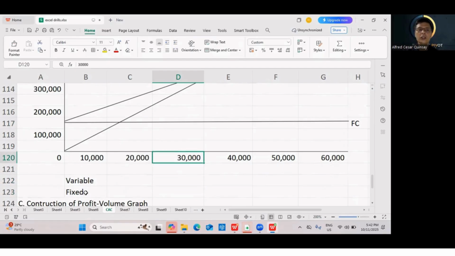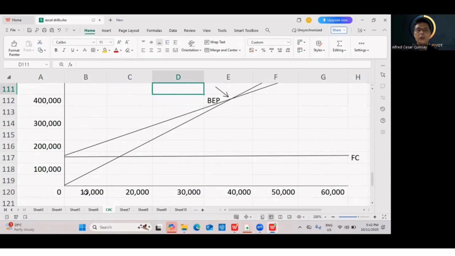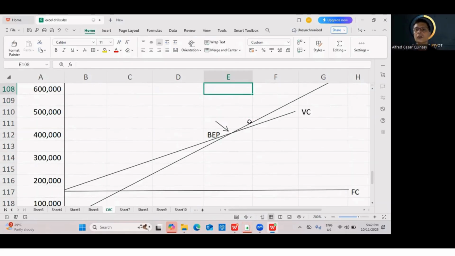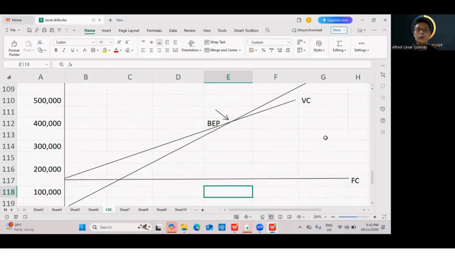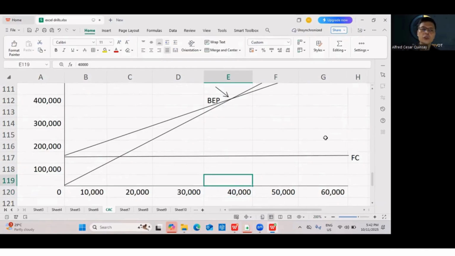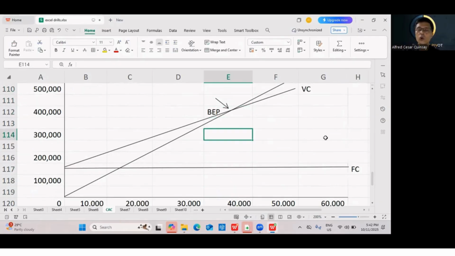Now, if you look at the graph here, the variable cost is the one that is increasing, as you can see the line. So there's the VC, or the variable cost. Depending on the number of units being produced, it also increases.